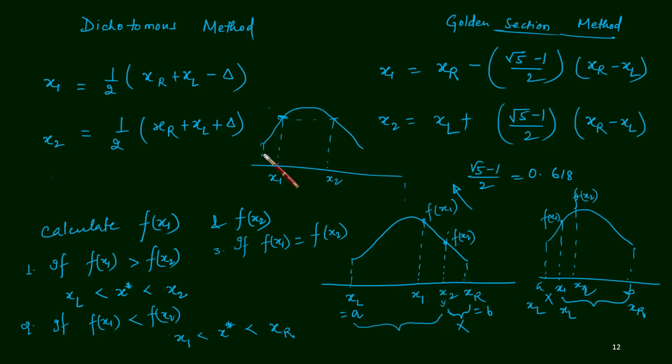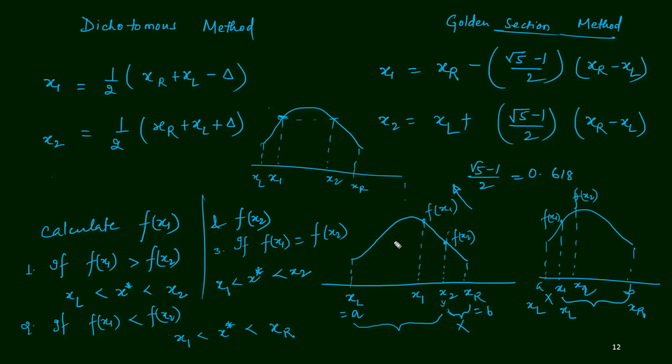So if this is xl and this is xr, now xl will shift up to x1 and xr will shift to x2. The interval will drastically decrease. That is beneficial, but it rarely happens. So x star will lie in between x1 and x2. Okay, so this is the method.